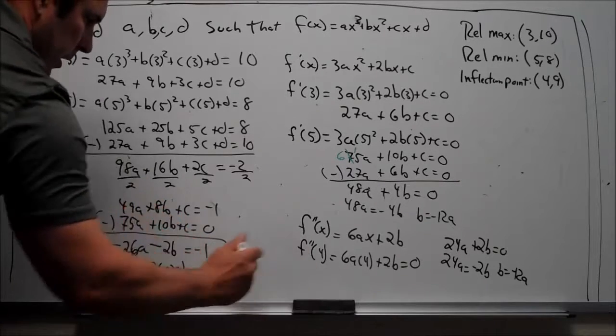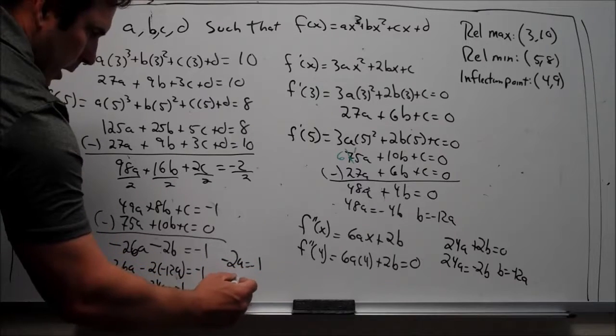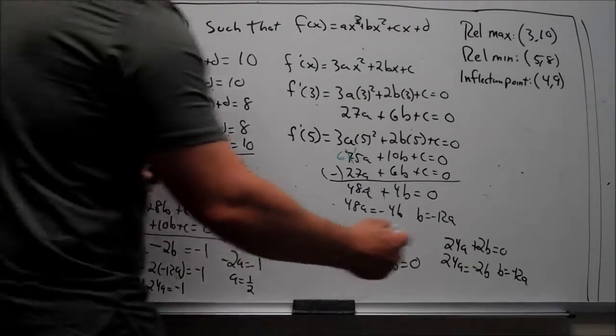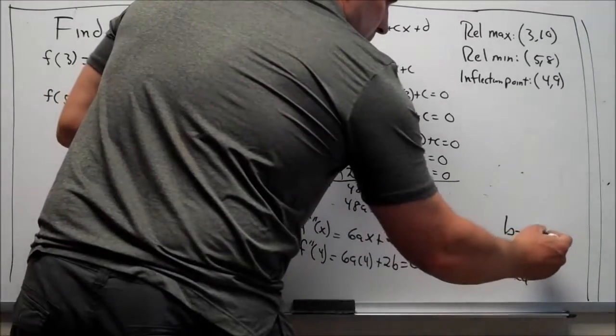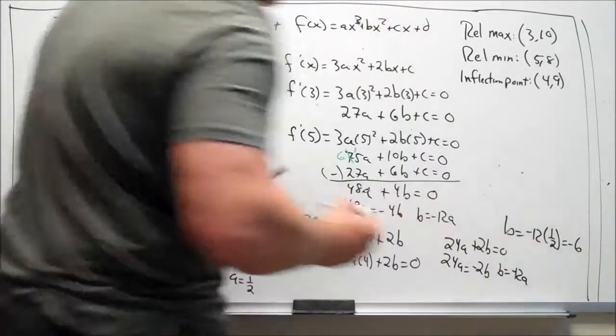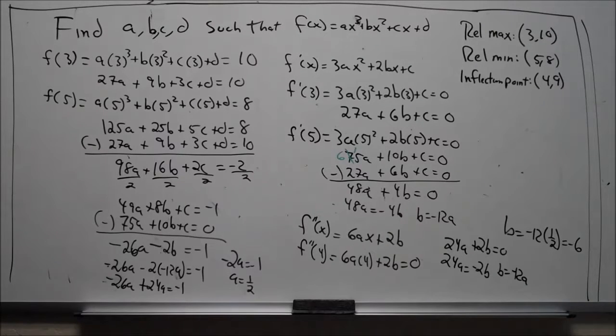That means that negative 2a is negative 1. So a is 1/2. Over here, b is negative 12 times 1/2, so it is negative 6. And we can start plugging things back in the other direction.